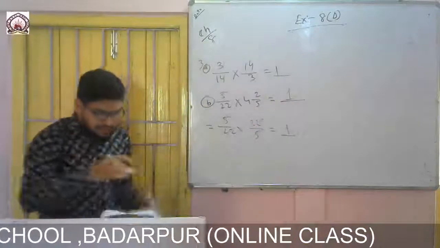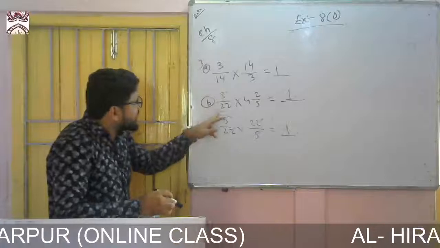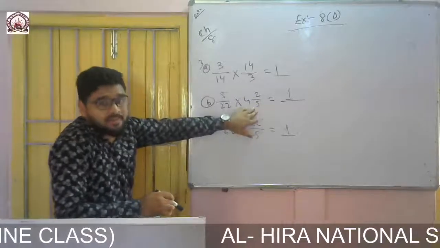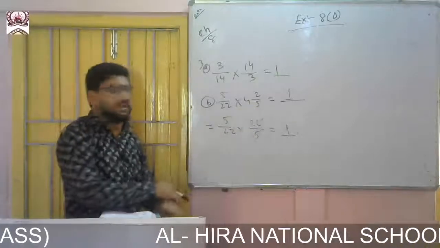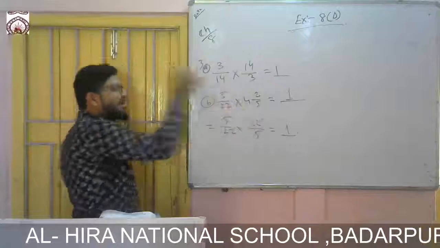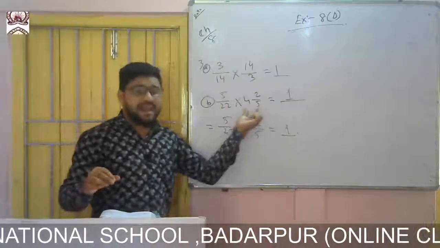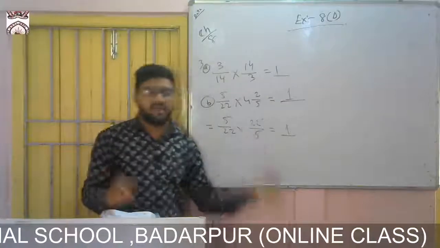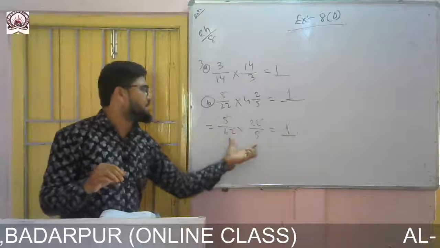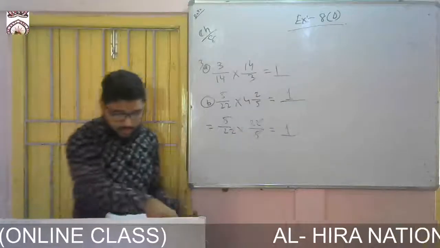That means the reciprocal of 5 by 22 is 4 2 by 5. It is just written in mixed fraction, nothing more than that. If I break it, I get 22 by 5, which is the reciprocal of 5 by 22. And if we cancel, we get the answer 1.